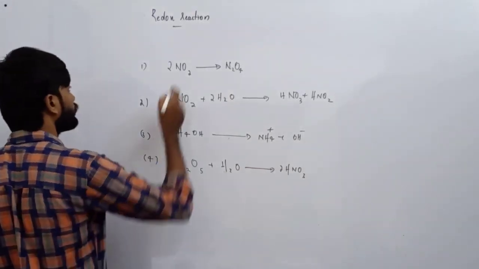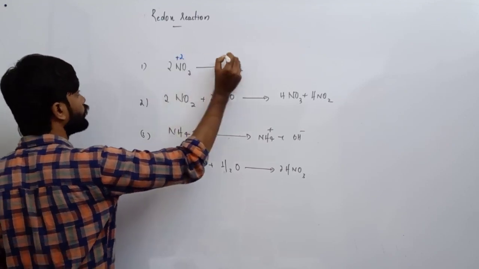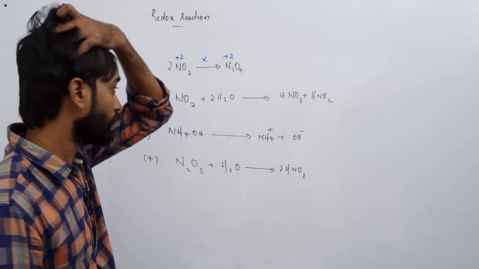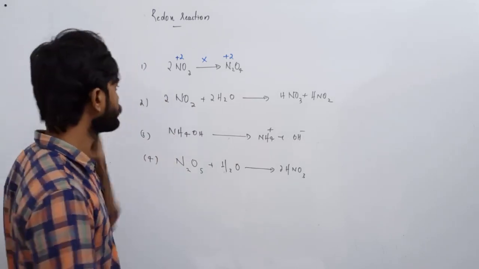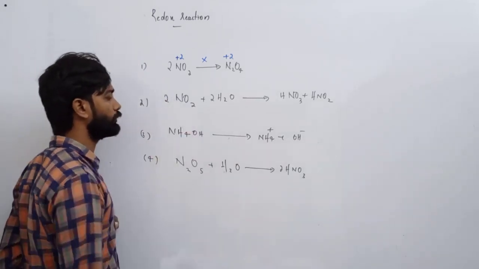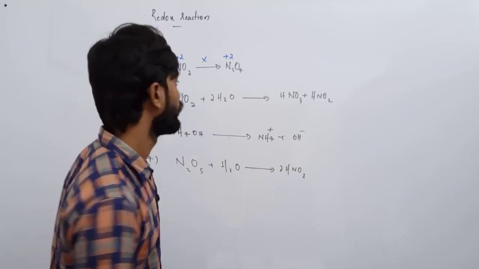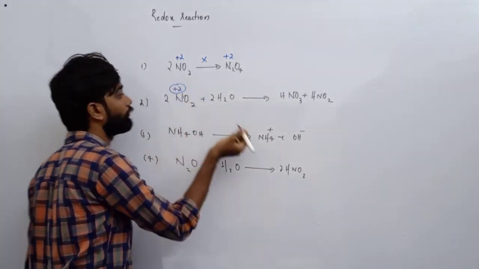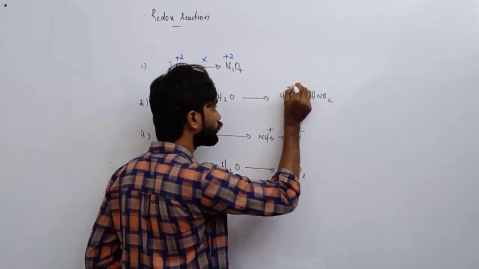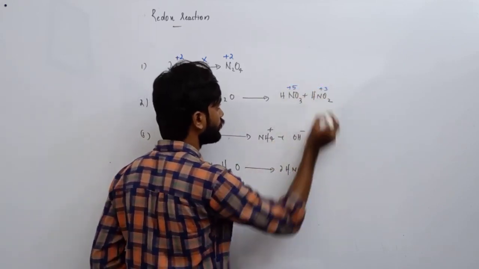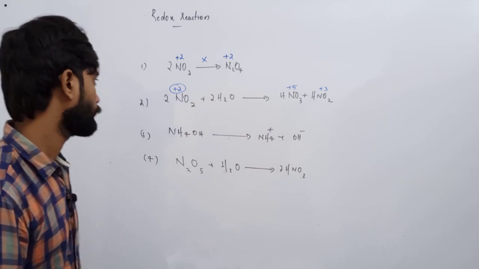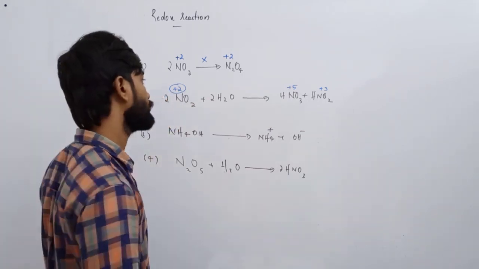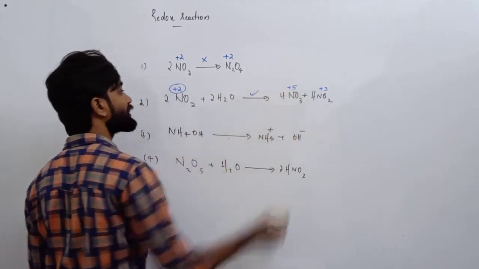So we know that here the nitrogen is in +4, here also +4. So here there is no change in oxidation state, it is simply a dimerization. And NO2 is said to be a mixed anhydride because the NO2 which is in +4 upon hydrolysis forms two different acids, nitric and nitrous. So it is clear that the oxidation state of nitrogen changes from +4 to +5 and +3.